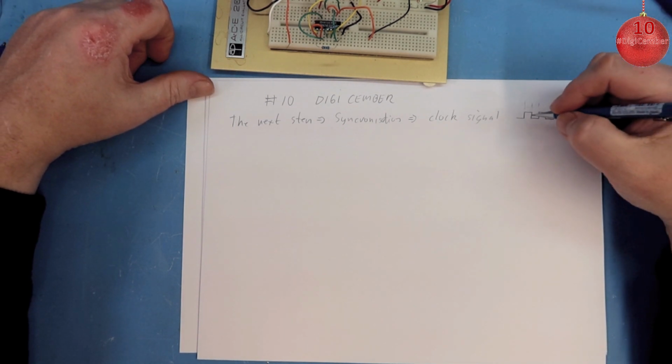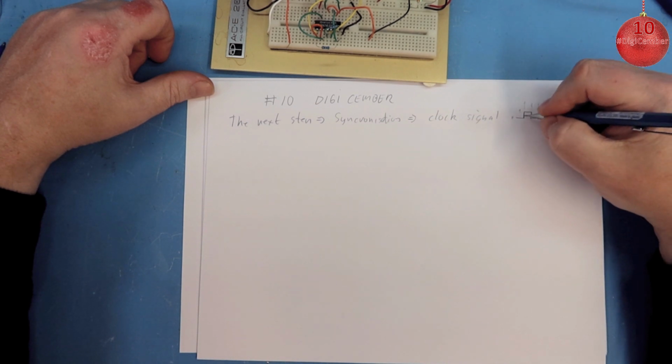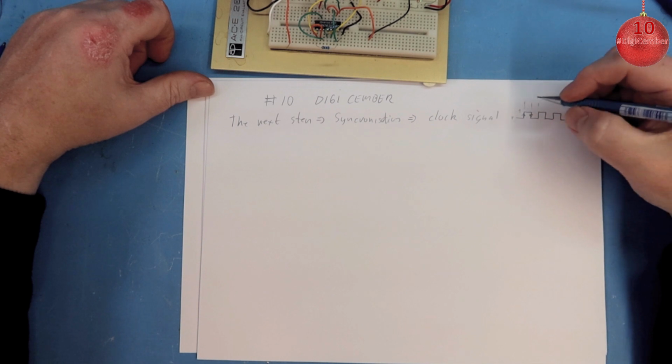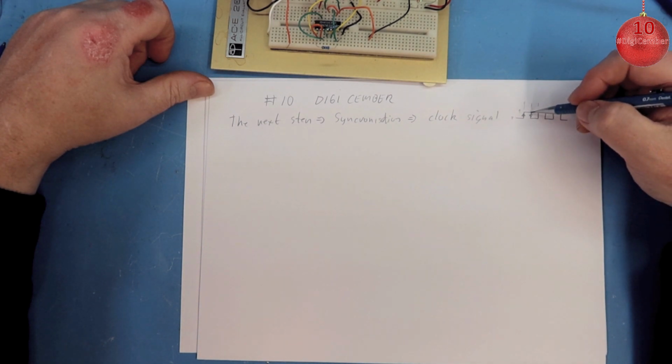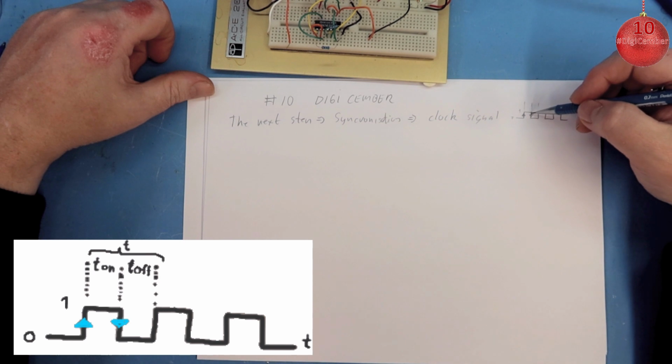And things can happen when it's 1 and when it's 0, but also when the signal is going up and when the signal is going down. That is called flanks on the signal. This is the symbol for something happening when the signal is transferring up, and this when it's transferring down.